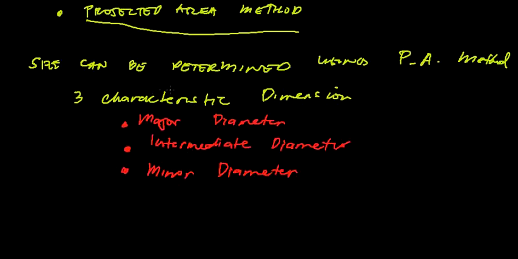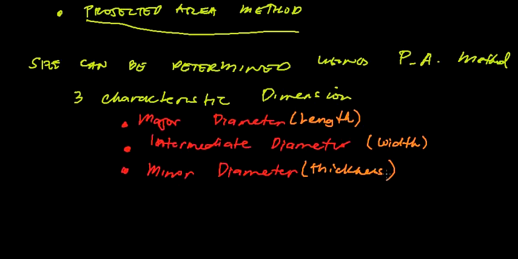Basically, these three characteristic dimensions are what we need in order to determine the size according to the projected area method. The major diameter, the intermediate diameter, and the minor diameter are commonly known as the length, the width, and of course the thickness of our AB materials.